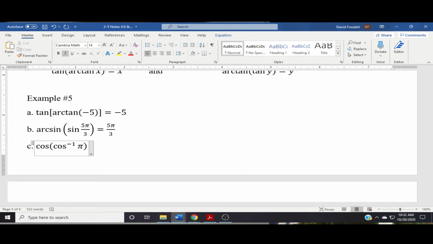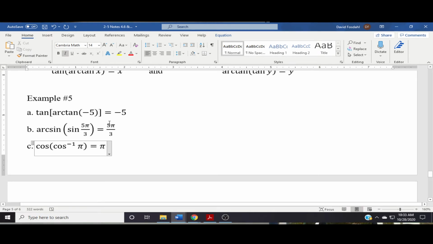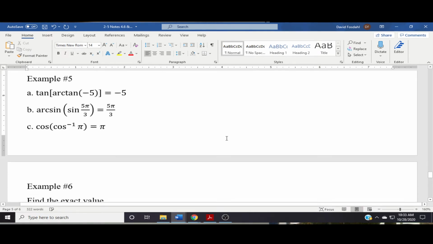Cosine inverse of cosine of pi is just going to equal pi. That's how you do those. You just inverse them, they cancel out, and then you get the inside.